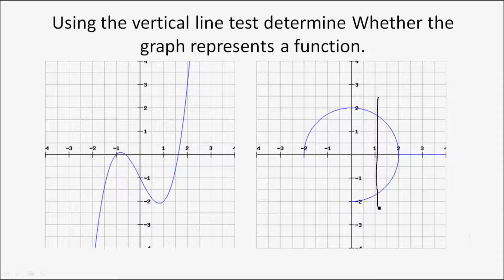This vertical line here intersects with the graph here and also here, so this is not a function. But this other one, I cannot think of any vertical line that intersects with the graph more than once. This means that the graph to the left is a function.